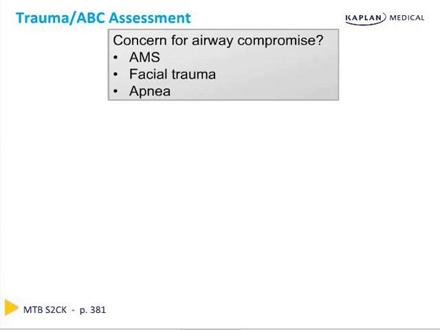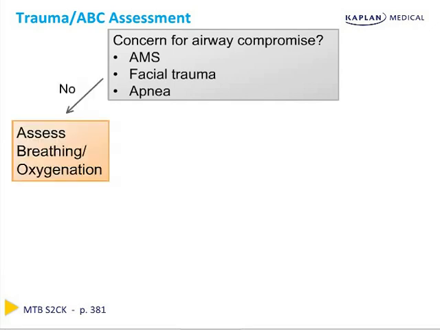Based on details in the question stem, you must decide if you are worried enough about the patient's airway to intubate. If they don't mention altered mental status, significant head or neck trauma, or specifically say that the patient is apneic, you can be certain that intubation is not necessary and move on to assessing the intrapulmonary air exchange, the next step in the ABC algorithm.